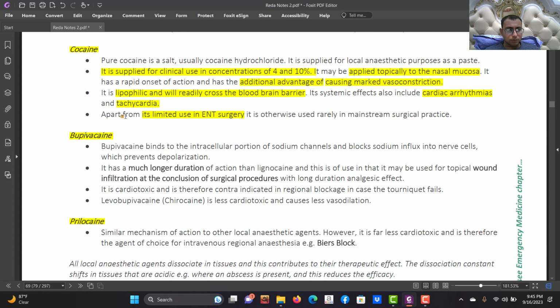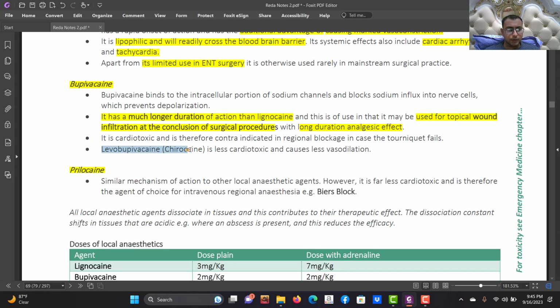Bupivacaine is widely used as spinal anesthesia and has a much longer duration of action than lignocaine. It is used topically or for infiltration in surgical procedures. If you want a long duration of action, you can use bupivacaine. Bupivacaine is less cardiotoxic and causes less vasodilation.